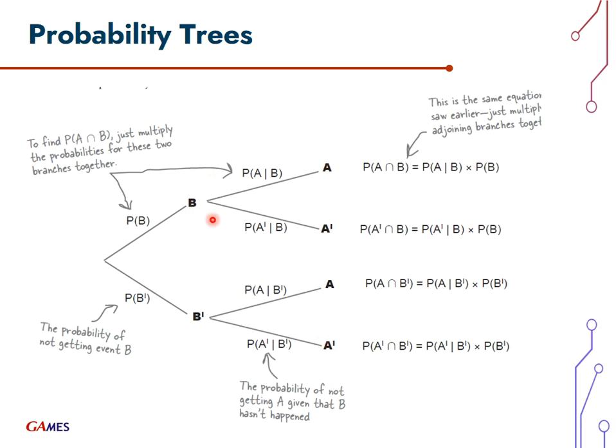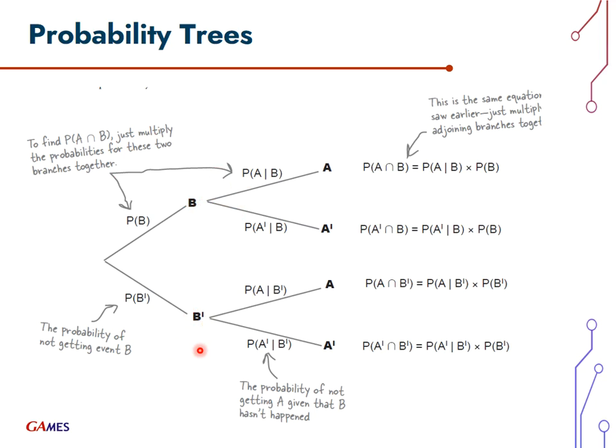A prime refers to every possibility that is not covered by A. Of course, you already know that when we use prime, it's simply the complement of an event. So A prime is simply everything outside A. Then B prime is every possibility outside B. All the possible outcomes that you will not find in B are in B prime.